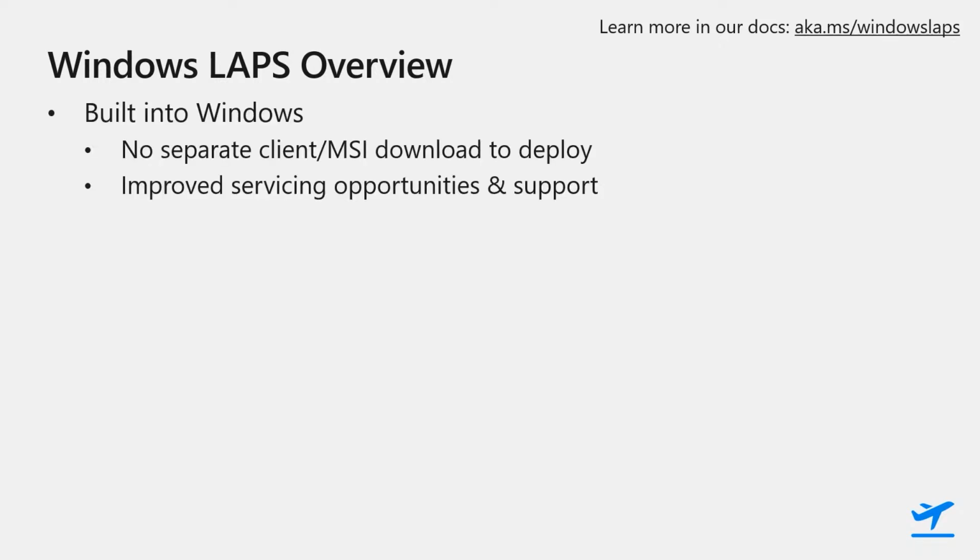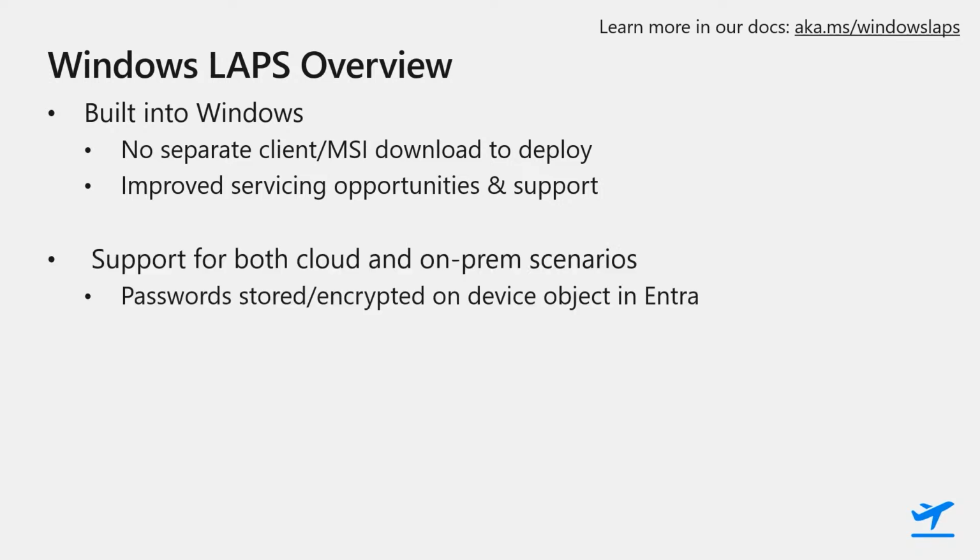Now, Windows LAPS is natively built into the Windows OS, which means that there's no separate MSI to download or client that you need to deploy, and any updates or fixes are supported through the Windows servicing channels, which folks are already using, so that's pretty awesome. We have support for both cloud, hybrid, and on-prem scenarios, so you can choose where you want to store and encrypt the passwords through Entra or continue to use the on-prem directory.